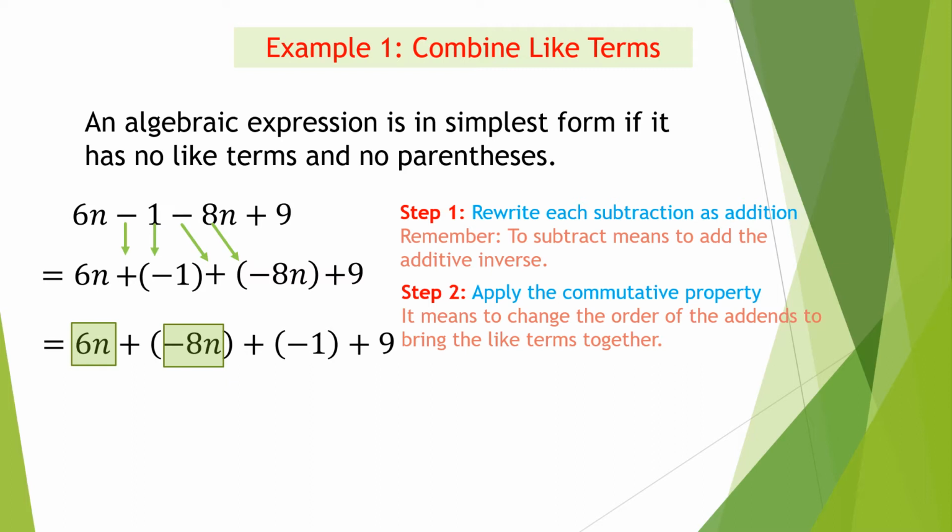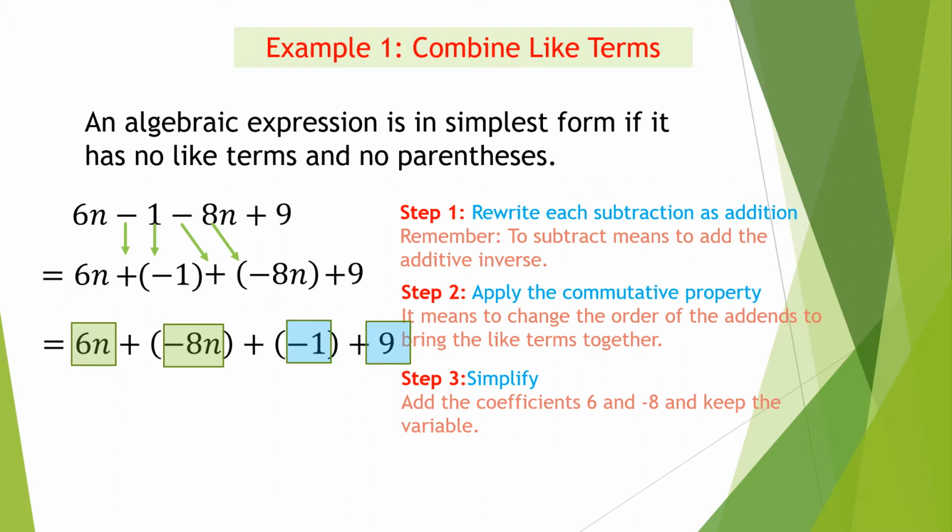6n and negative 8n are called like terms and we add them up, while negative 1 and 9 are the next set of like terms and we add them up also. Step 3. Let's add the coefficients 6 and negative 8 and keep the variables.